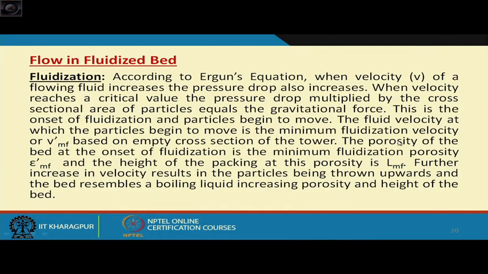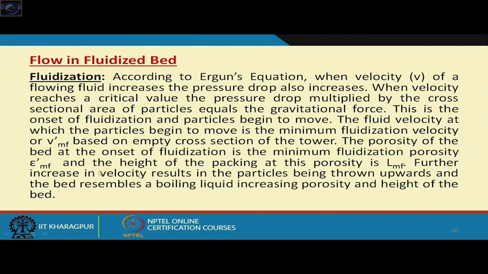So, we see here that the porosity of the bed at the onset of fluidization is minimum fluidization porosity, or epsilon mf prime, and the height of the packing at this porosity is L mf.